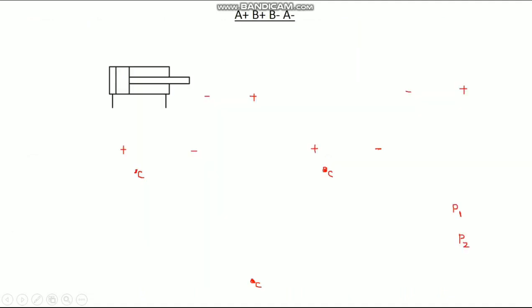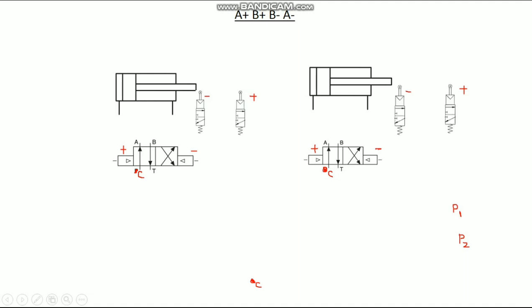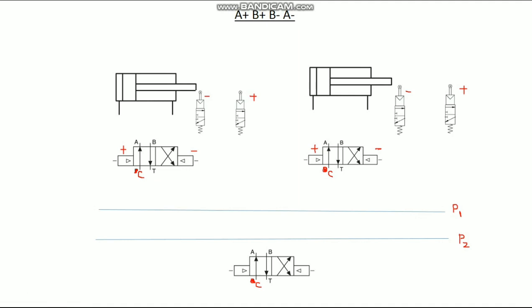Now we can fix the components in the circuit. 2 cylinders, 2 DCV, 4 limit switches, 2 pressure lines, 1 cascade valve. Now we have to make the connections to make this sequence.